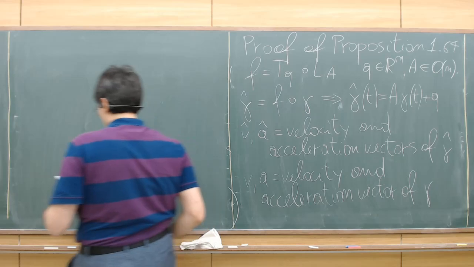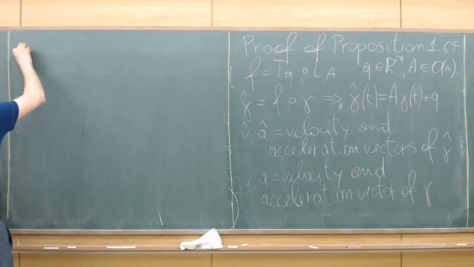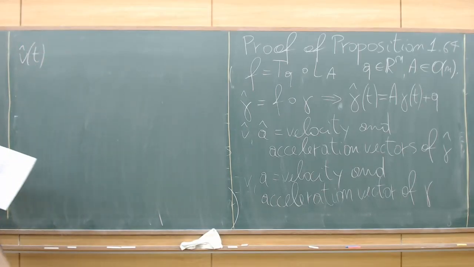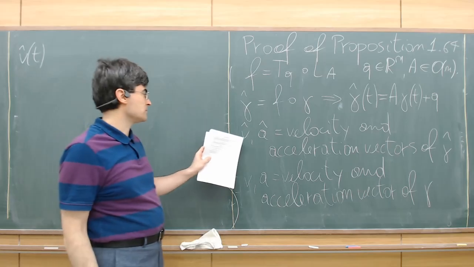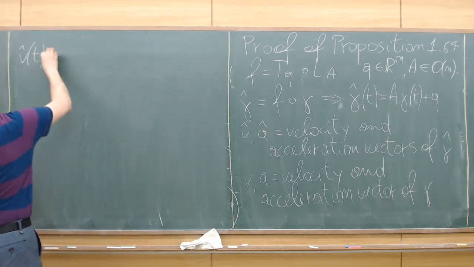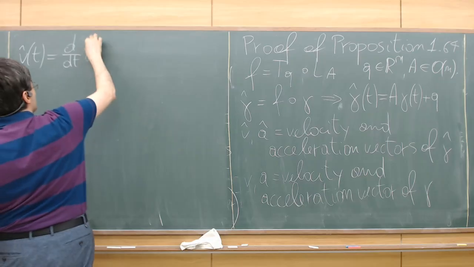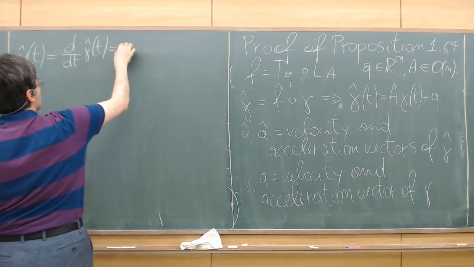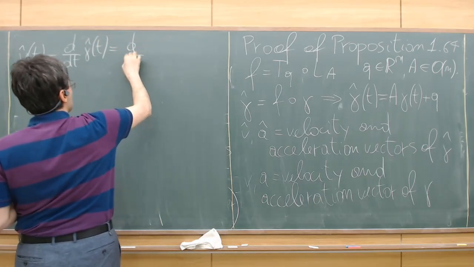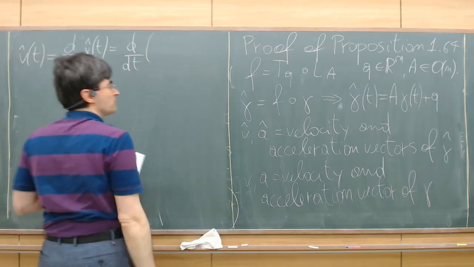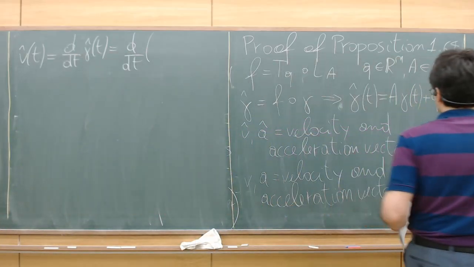Let's start by v hat of t. By definition, v hat of t is d/dt of gamma hat at t, that is d/dt of this function here.